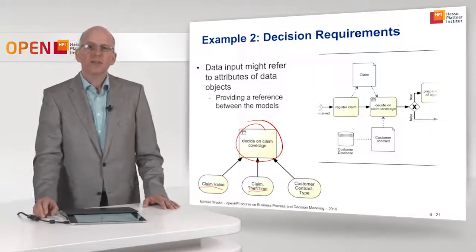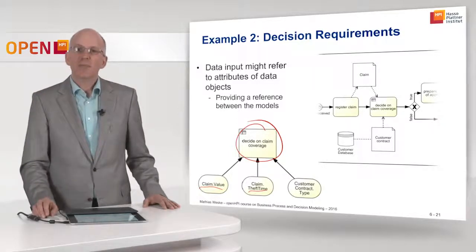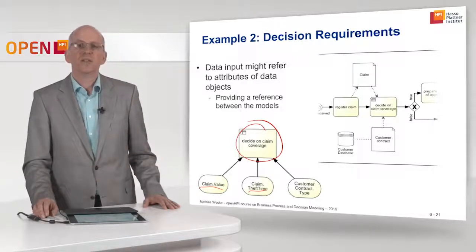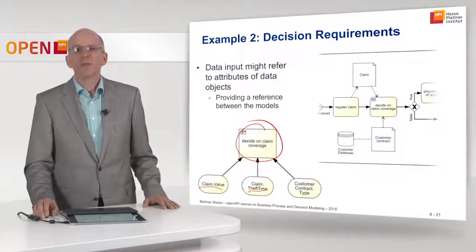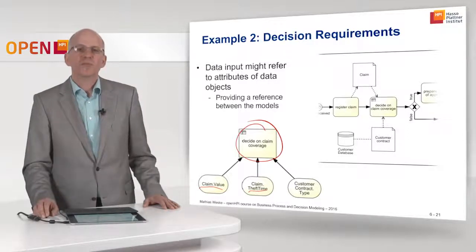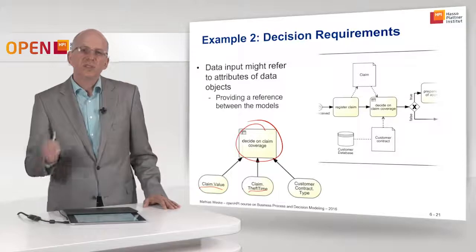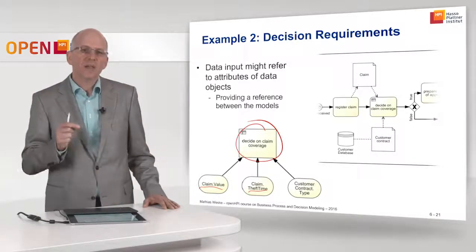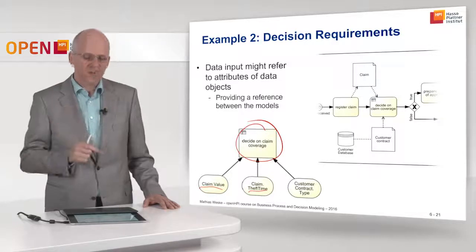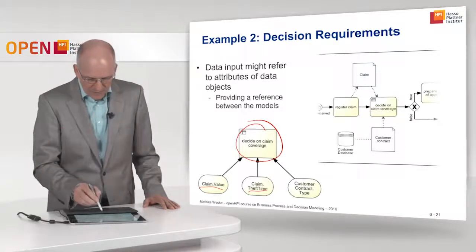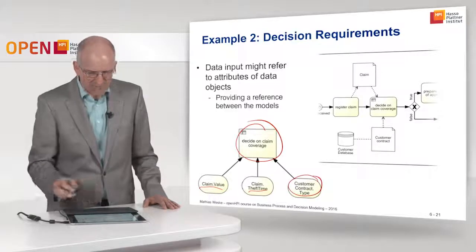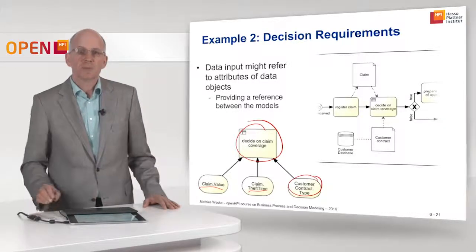And these are attributes of the claim data object. So we use here the internal structure of the claim data object that might be represented in a UML class diagram or some other form of data model. And we use this attribute information in the decision requirements diagram to make exactly clear what is the concrete input to the decision. And from the customer contract data object, we use the customer contract type.